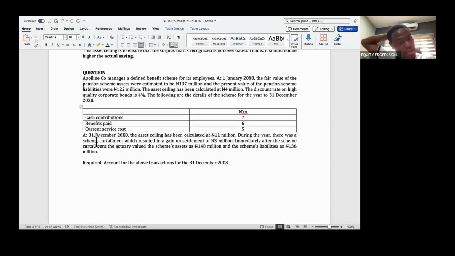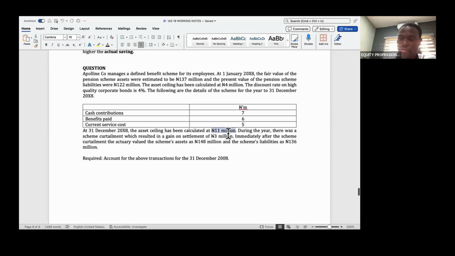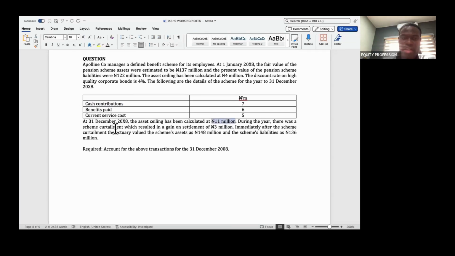Then at the end of the year, asset ceiling is now 11 million. During the year, there was a scheme curtailment resulting in a gain on settlement of 3 million. Immediately after the scheme curtailment, they value the asset as 148 liability. Almost similar to what we have been doing so far.